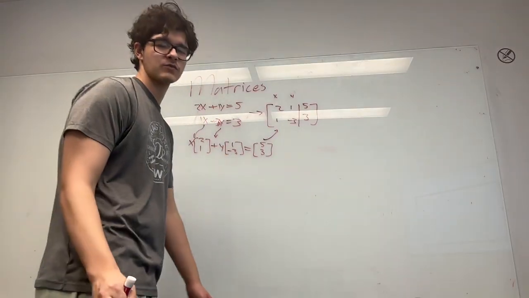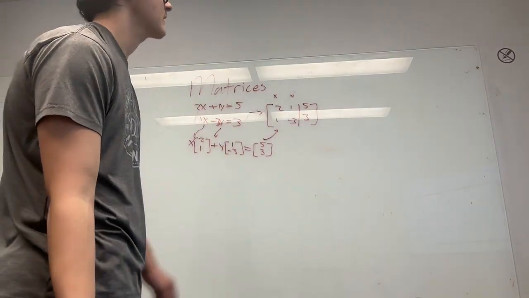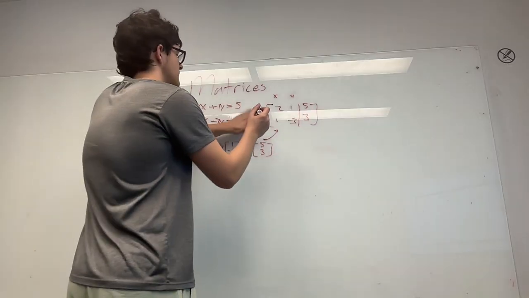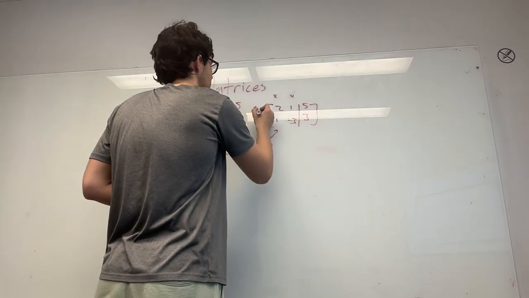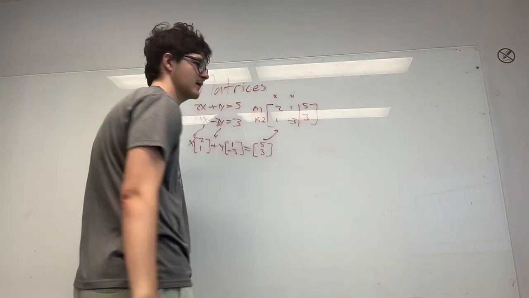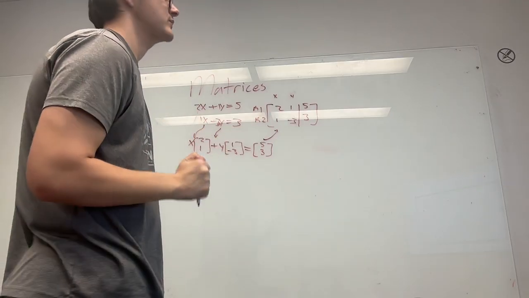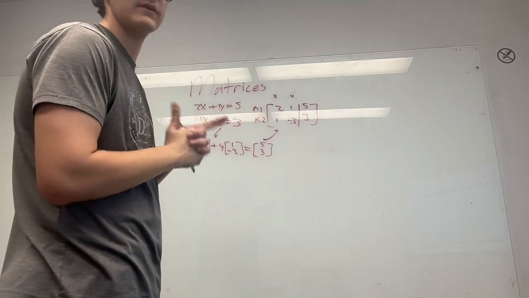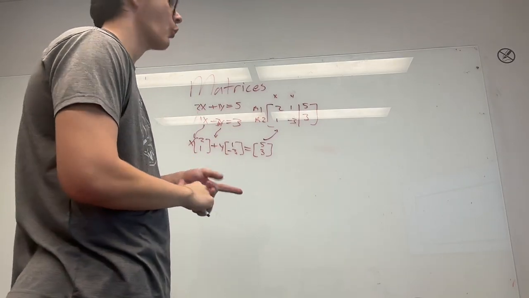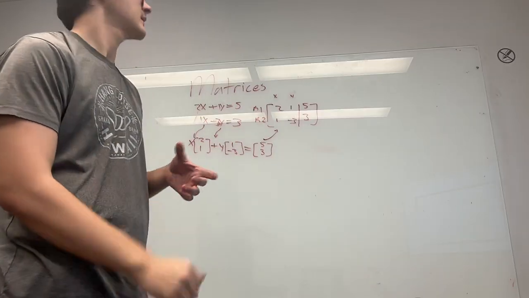All the row reduction rules are, there's 3. Let's say this is row 1 and this is row 2. To any row, you can add another row to it or add multiples of the row to it.